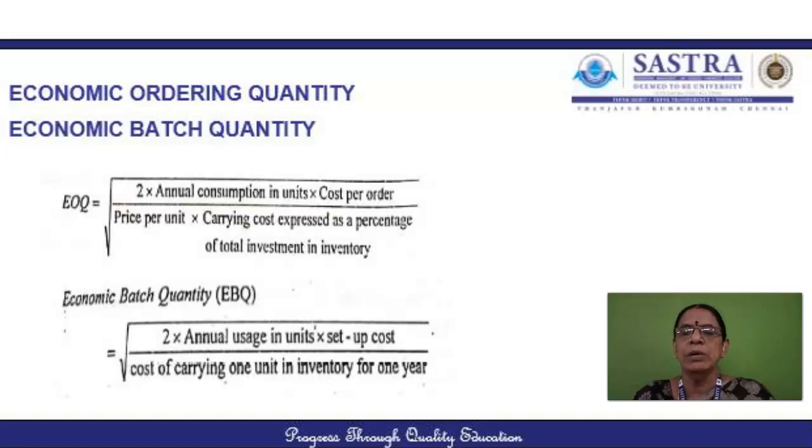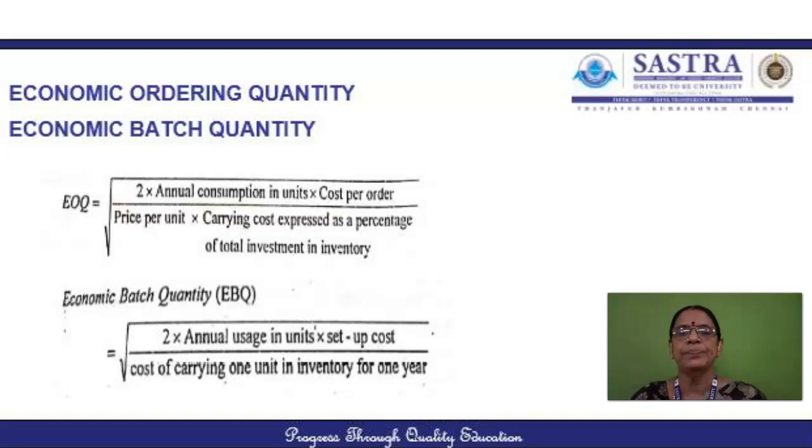The order is 3,000, so 3,000 by 2 gives 1,500 units. So 1,500 units into 1 into 20%, that is 1 by 5, will be 300. So total inventory cost is 300 plus 300, that is 600.